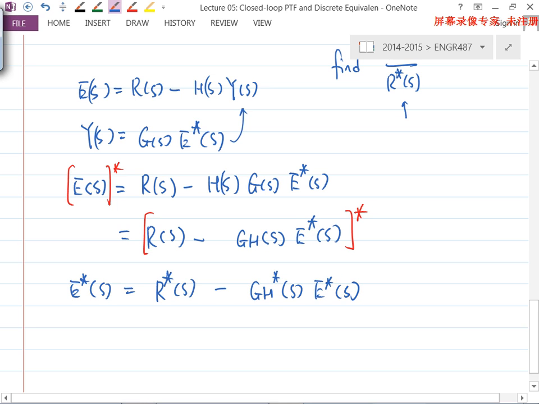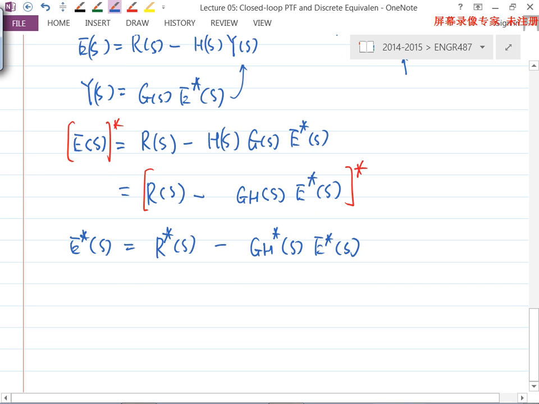So you see the reason why we're combining these two into one block: that's the property of the star operation. If you don't do this step, taking the star doesn't necessarily give you H star G star. That's a mistake.